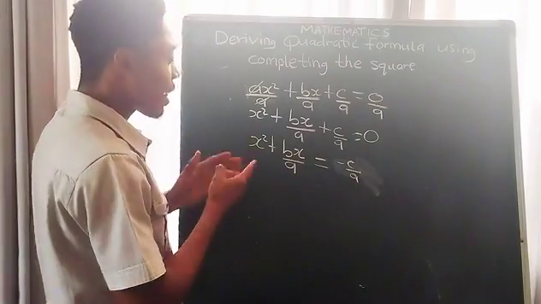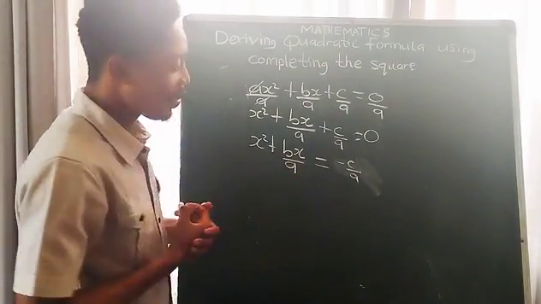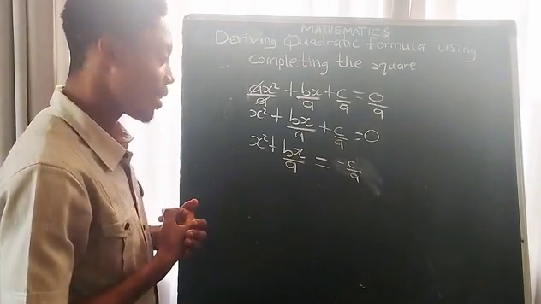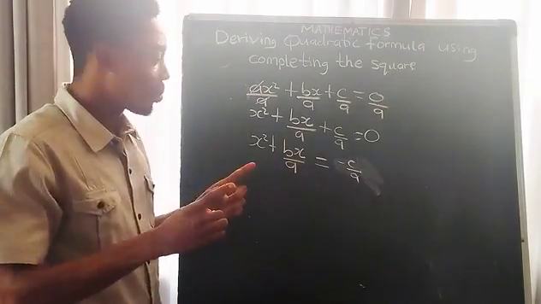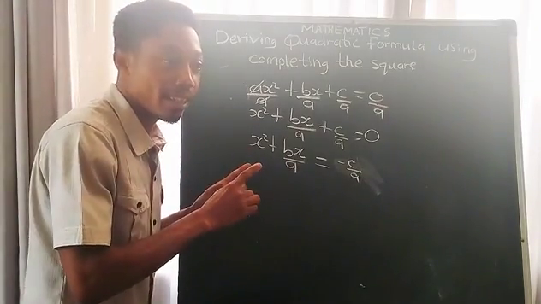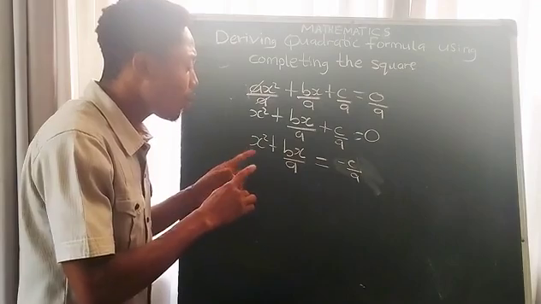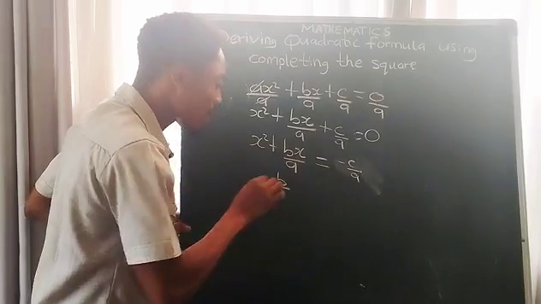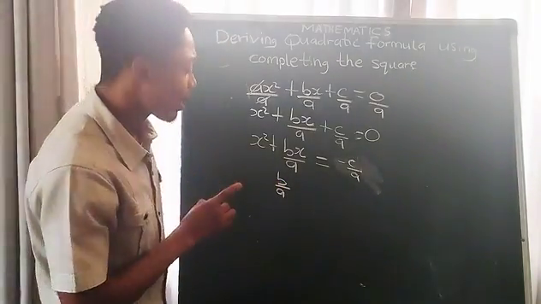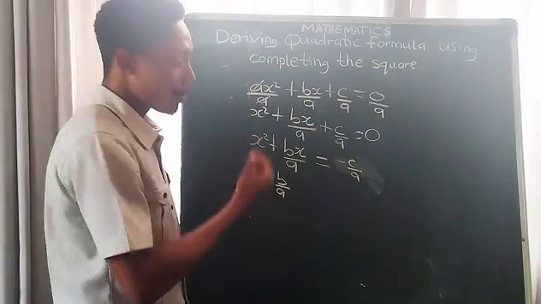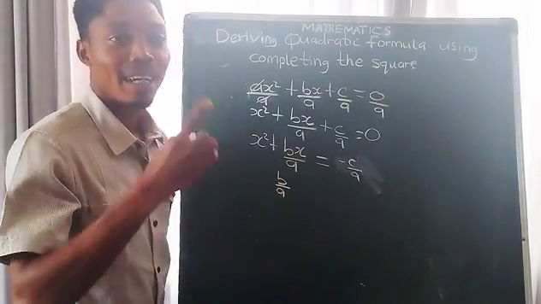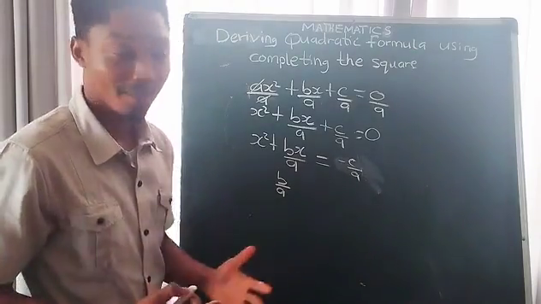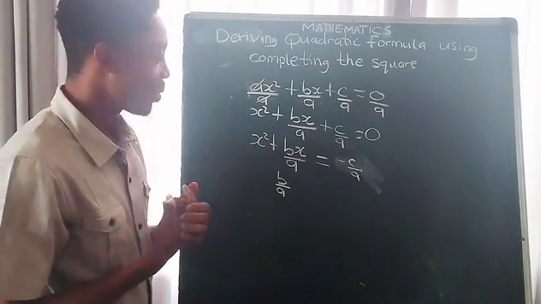The next thing we are going to do here is quite simple. We are going to consider the coefficient of x, which is b all over a. We will multiply the coefficient of x by 1 over 2, that is, multiply by half, and then square the result.